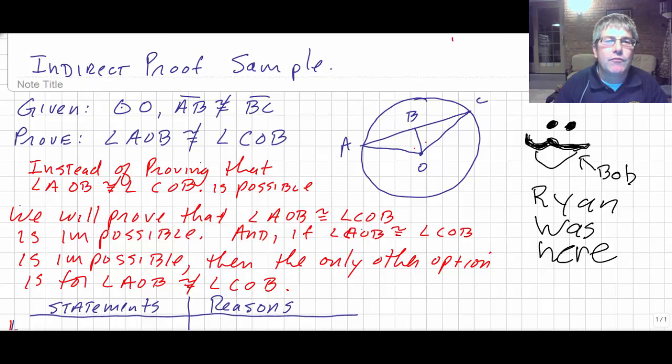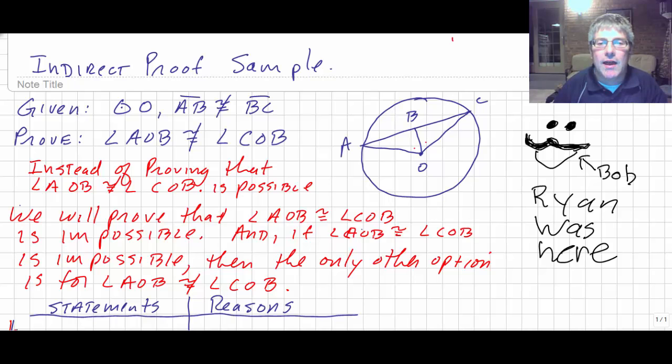So instead of proving that angle AOB is not congruent to angle COB, what we're going to prove is that angle AOB congruent to angle COB isn't going to be possible. And it's a subtle difference, I know.